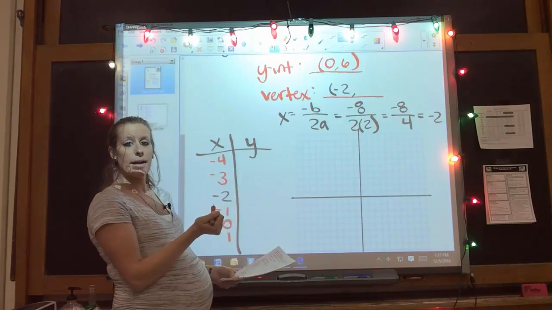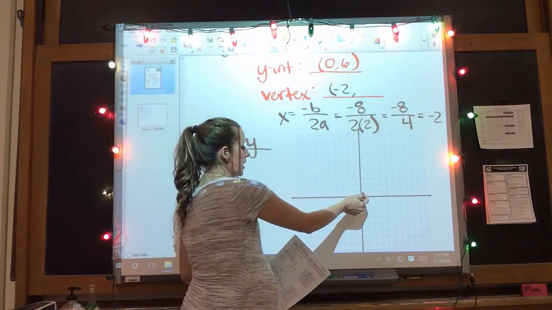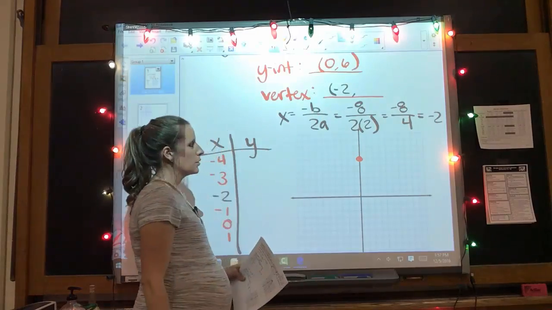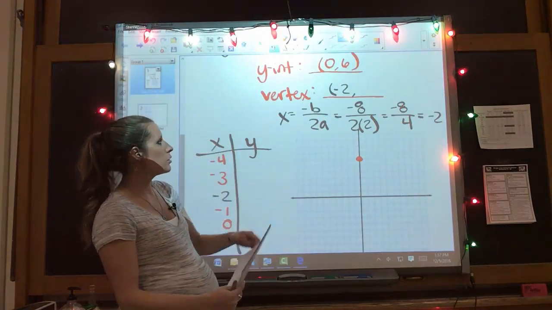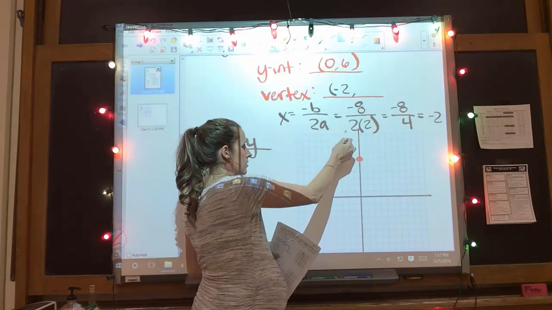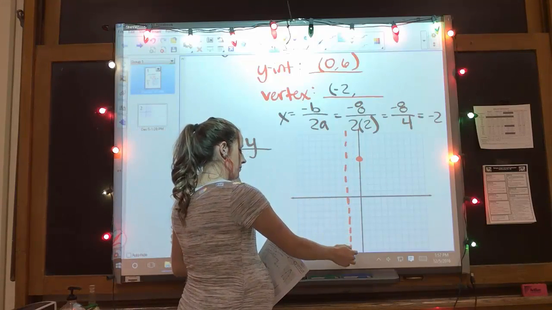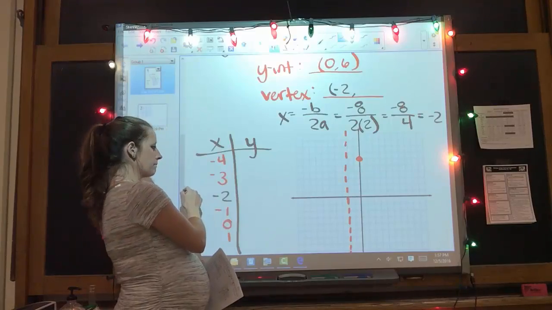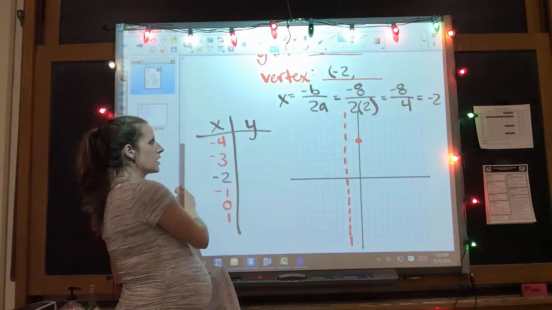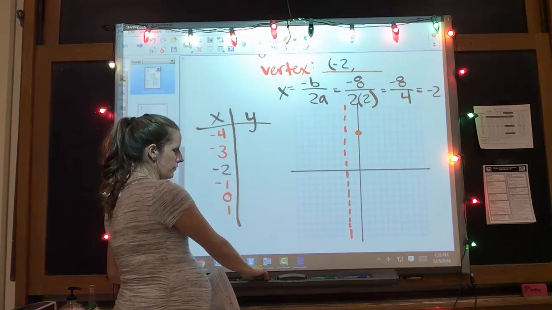You can plot your y-intercept, since you know what that is. We know our axis of symmetry will be at negative 2, where my vertex is. So you can draw that. And then the calculator will do the rest.